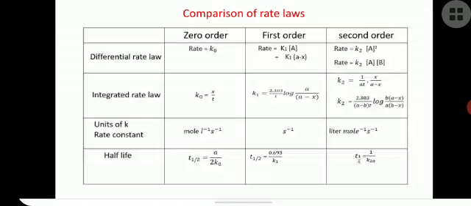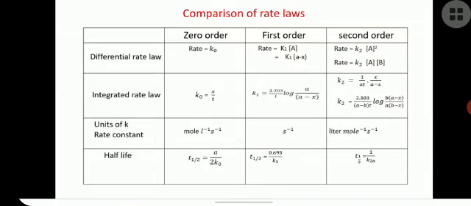Now this table shows the comparison of rate laws for zero order, first order and second order. The differential rate law for zero order is rate is equal to k0. For first order, rate is equal to k1 into concentration of A, which is also equal to k1 into (a minus x).